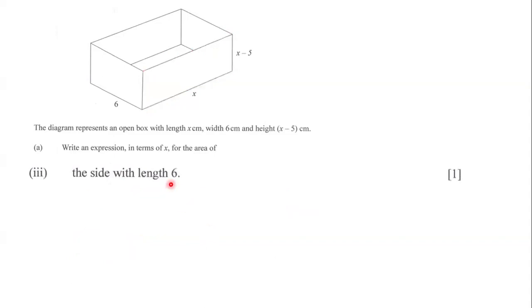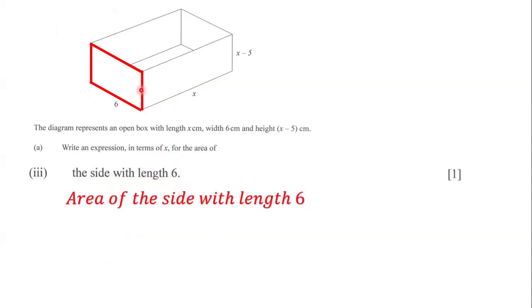Okay, now we need to write an expression in terms of x for the area of the side with length 6. And so that's going to be this side. And so the area of this side is going to be what? Well, it's a rectangle. And in order for us to figure out the area of a rectangle, we're going to do length times width. So basically, we have to multiply the two sides. And so we take 6, and we multiply it by this side, which is equal to x minus 5.